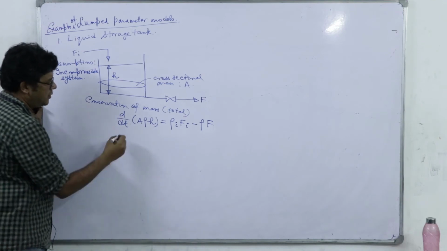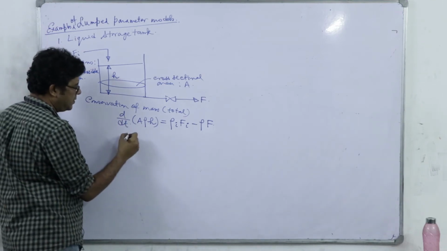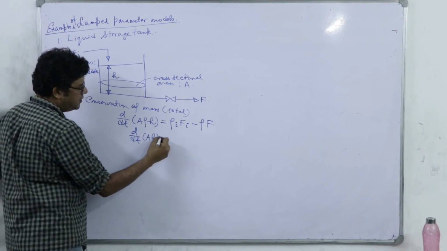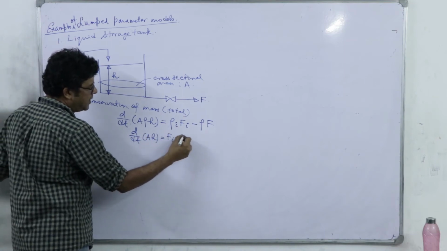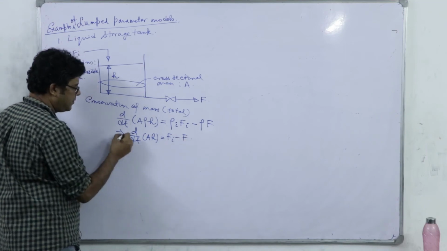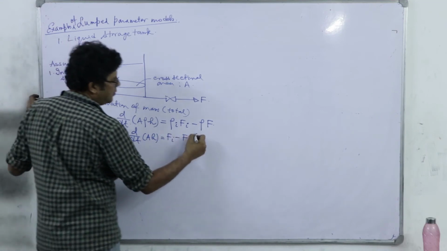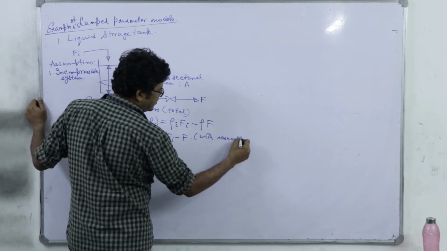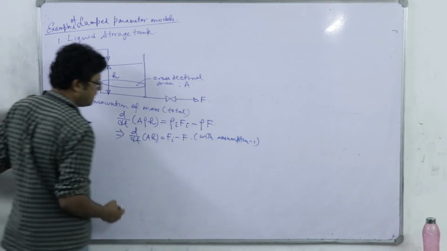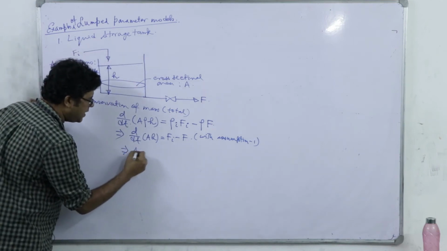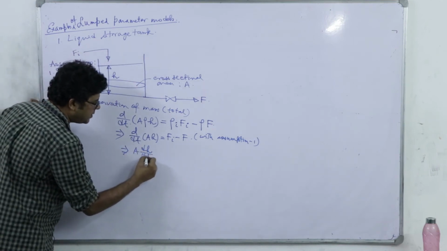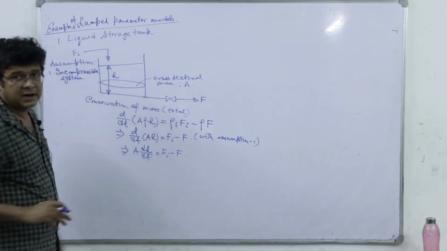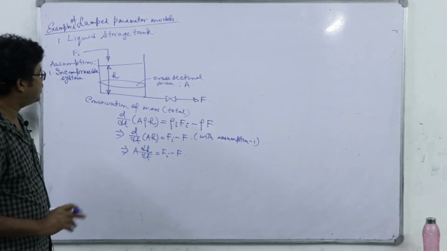Obviously it is left with ddt of A into H is equal to Fi minus F, with assumption 1. So next it is A into dH dt, because A is constant, equals Fi minus F. That much we can get from the conservation equation only.